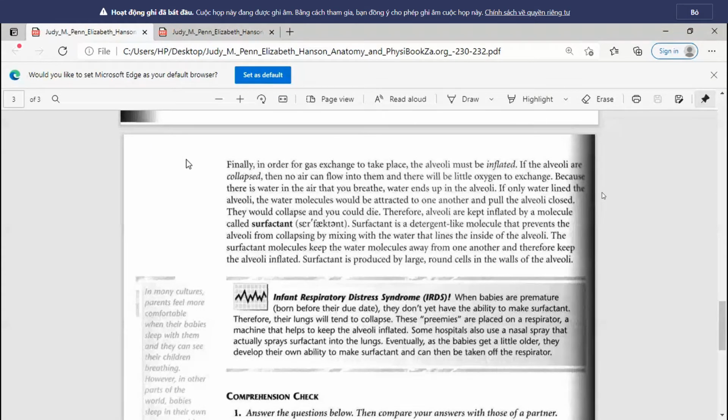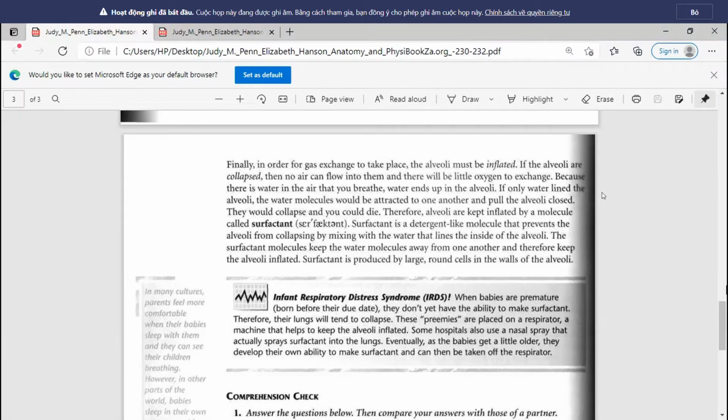The surfactant molecules keep the water molecules away from one another and therefore keep the alveoli inflated. Surfactant is produced by large cells in the walls of the alveoli. Thank you so much.